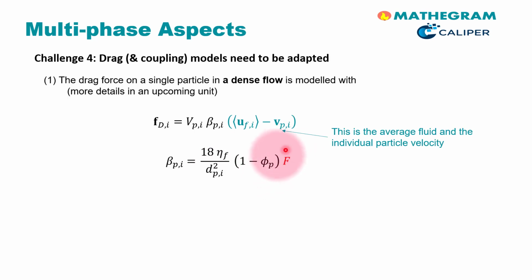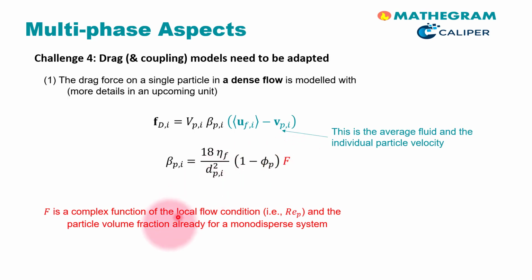And finally, F. F is a function of the local flow condition, i.e. the particle Reynolds number and the particle volume fraction.